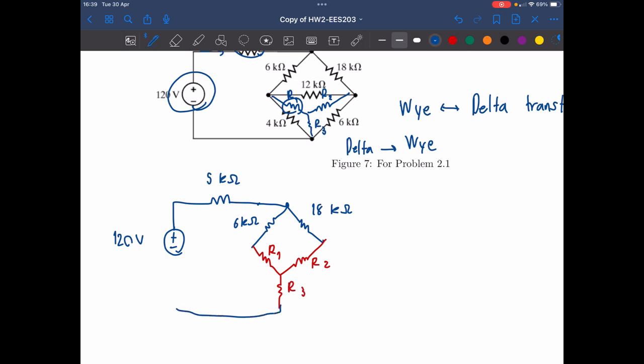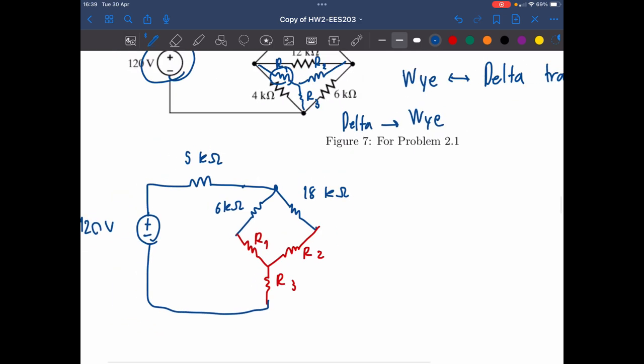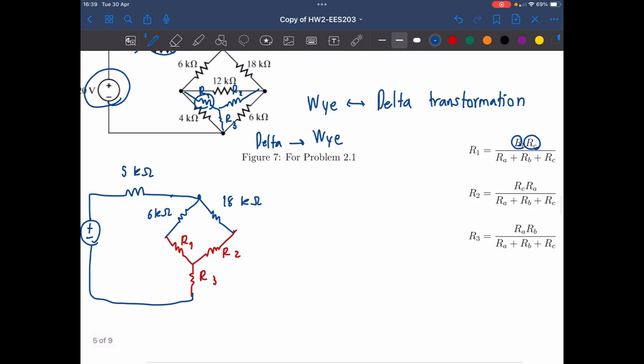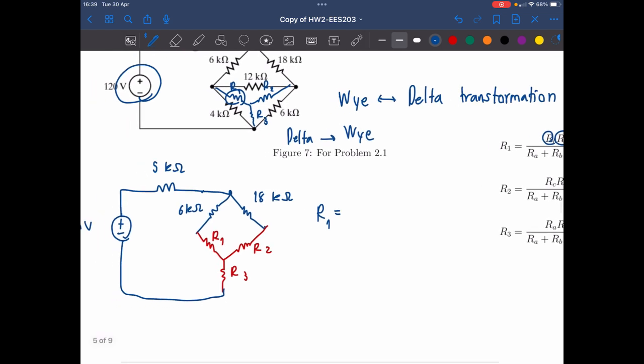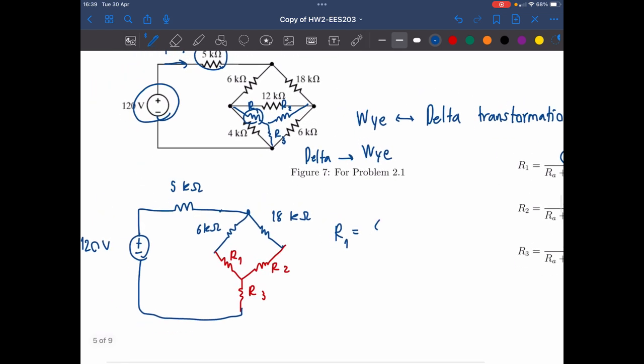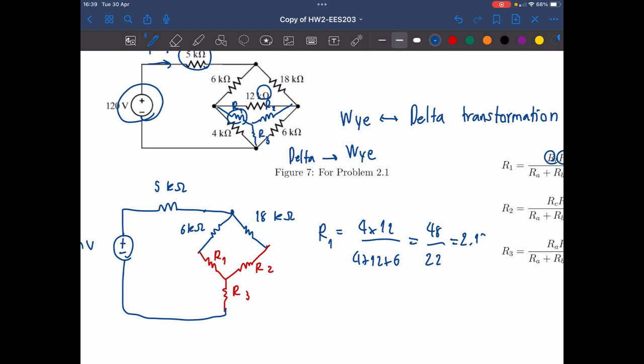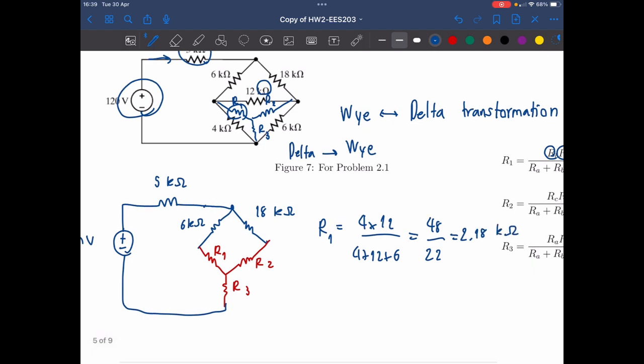Alright, this actually looks better. Okay, so we're going to find R1 and R2, right? So R1 equals 4 times 12. Remember the unit is kilo ohms, right? Divided by the total sum, which is 48 divided by 22, which equals 2.18 kilo ohms.